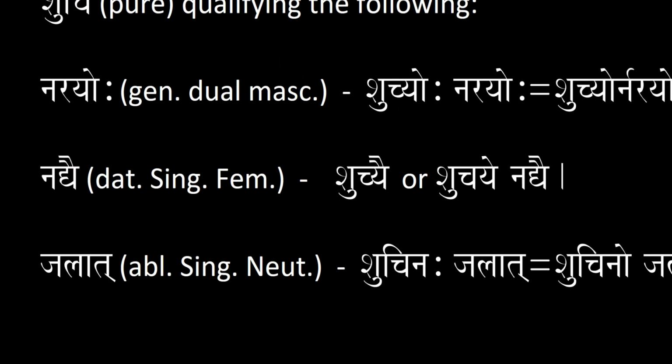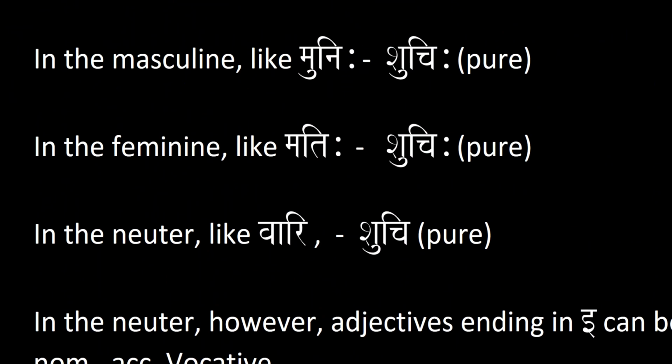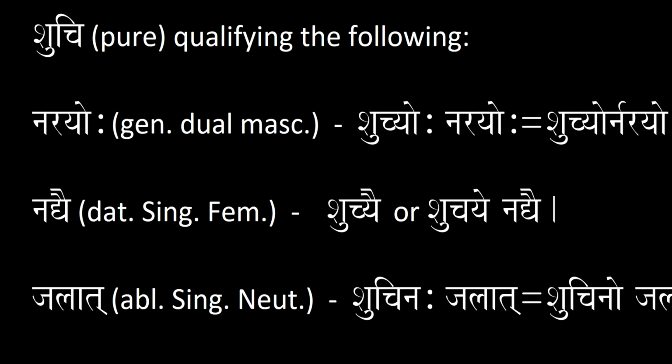Next, we have nadyai, which is dative, singular, and feminine. That means suchi has to turn into suchihi, and then it has to be declined like matihi. After it changes into suchihi and you put that in the dative singular case, it becomes suchyai or suchaye.